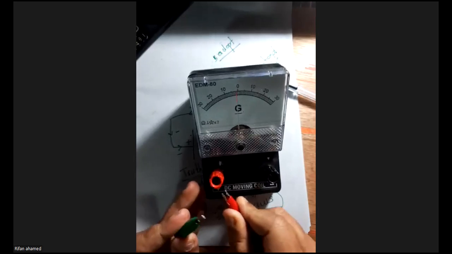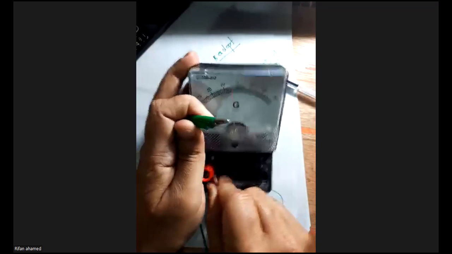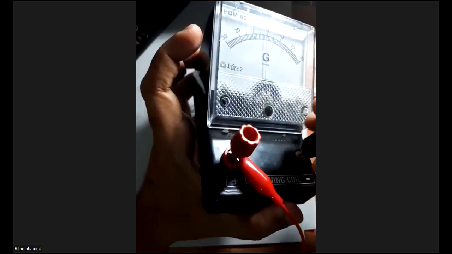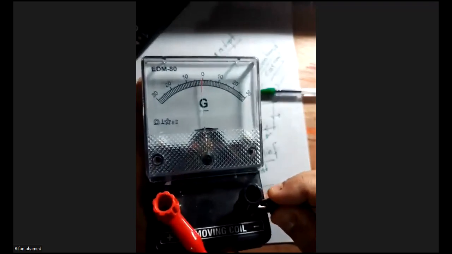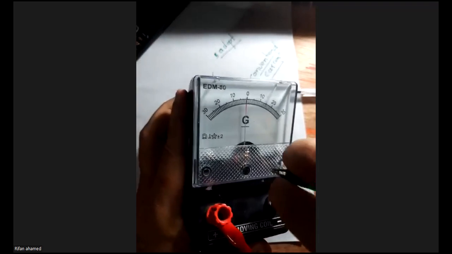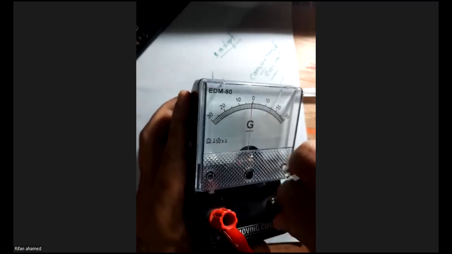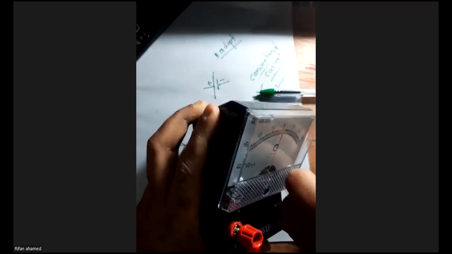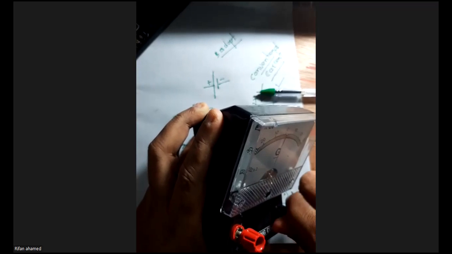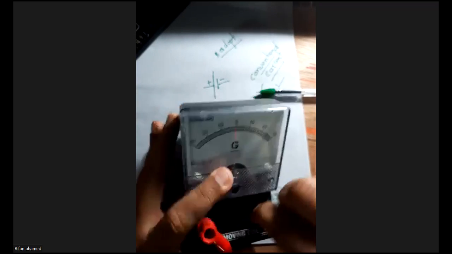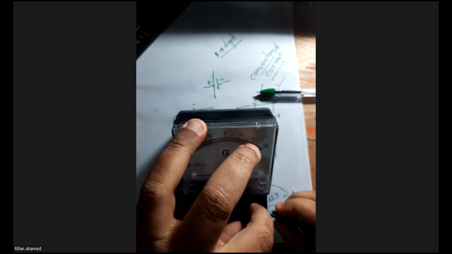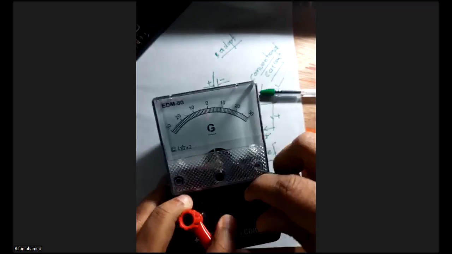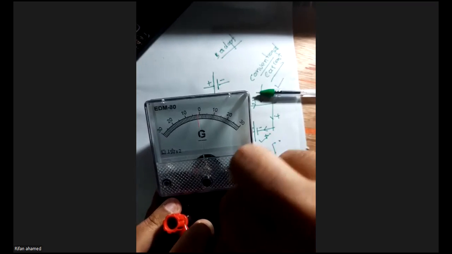If I change these two, if I fix it here and now touching here, you can see it is going in the other direction. There's a small loose connection there.